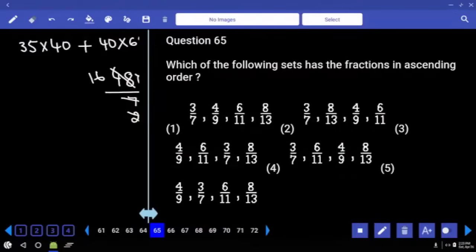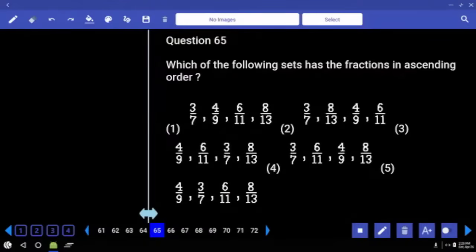Which of the following sets has fractions in ascending order? Okay. Whenever you have fractions, generally, if you want to compare two fractions, don't convert these fractions to decimal values like 0 point something something. Don't do that. If you want to compare only two fractions, let me take the first option, first two fractions.